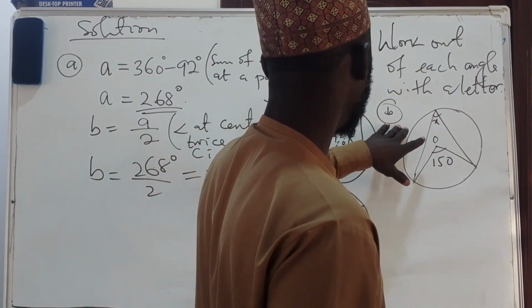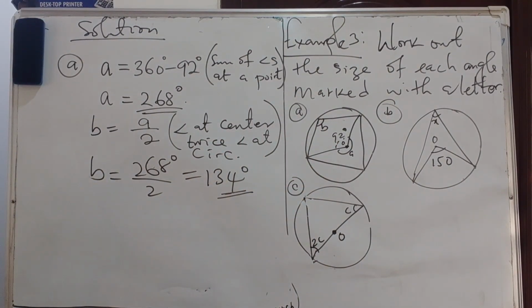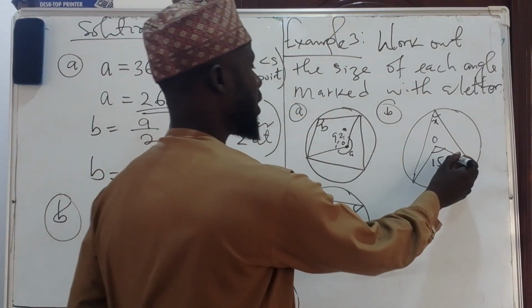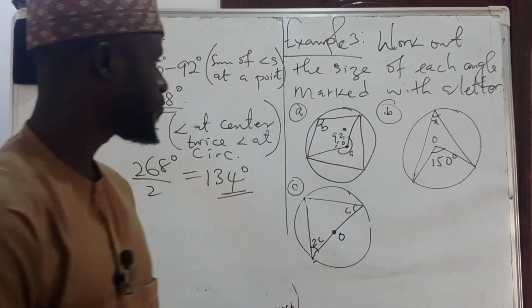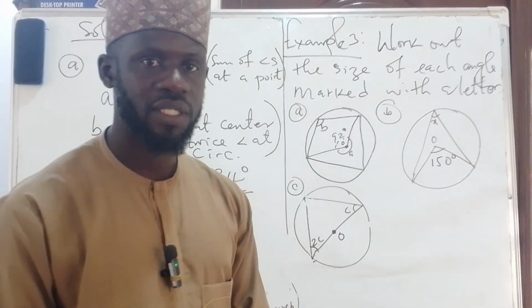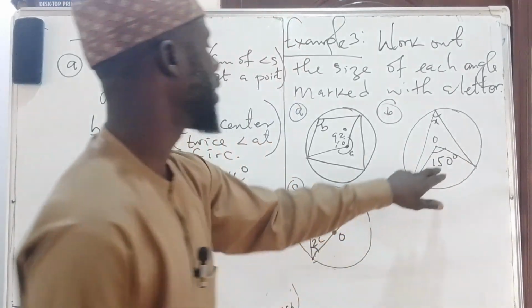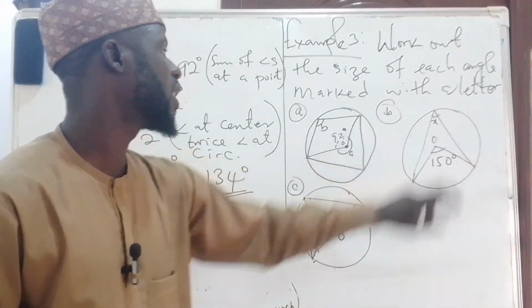Now we are going to question number B. For question number B, we are just solving directly because here is 150 degrees. So angle at center is twice angle at circumference. So the angle at center is 150 and the angle at circumference is x.